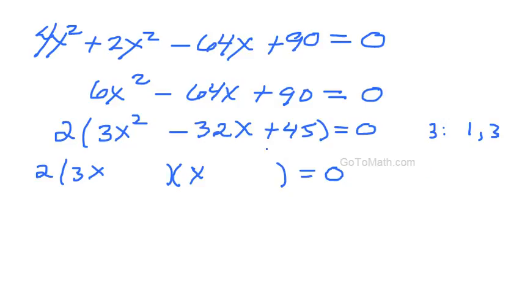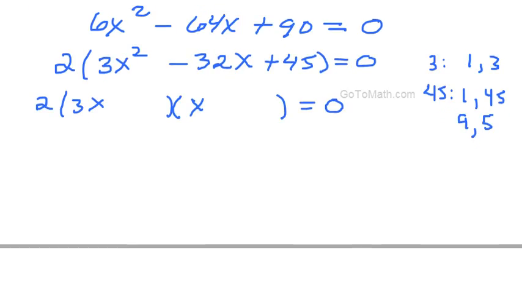And then let's look at 45. We've got 1 and 45, 9 times 5, and 3 and 15. There's a lot of possibilities to go through. Remember, we need two numbers that multiply to give us 45.